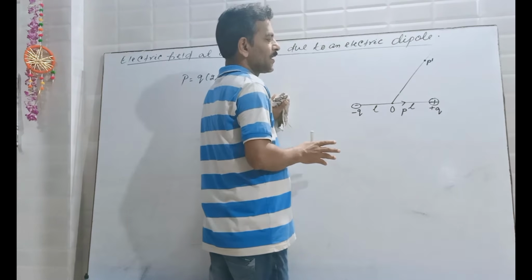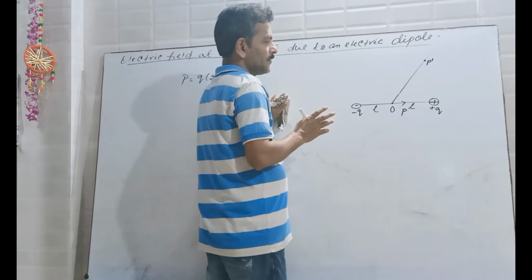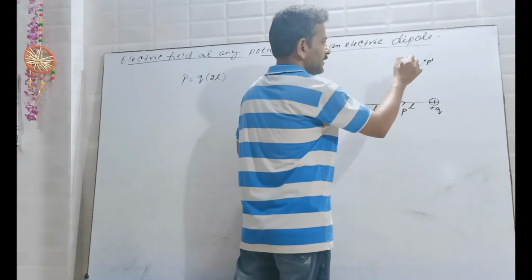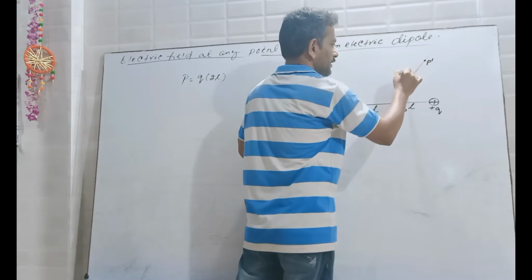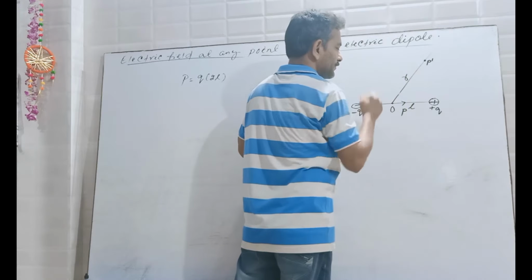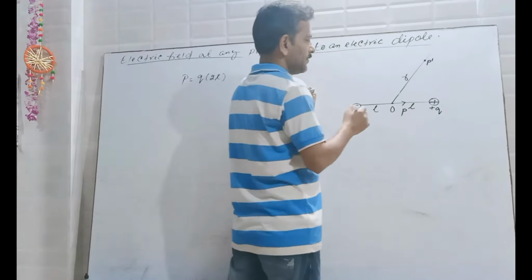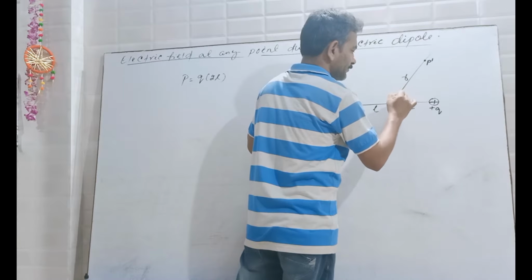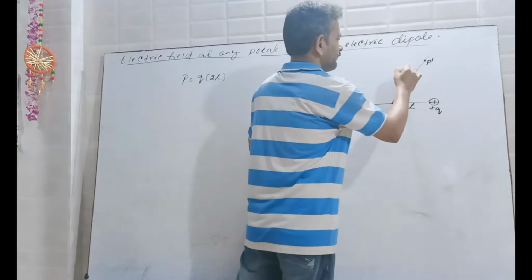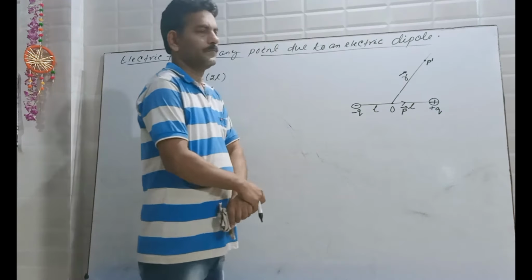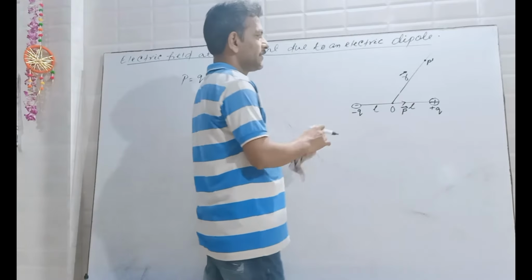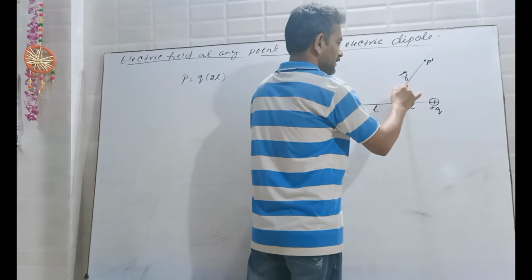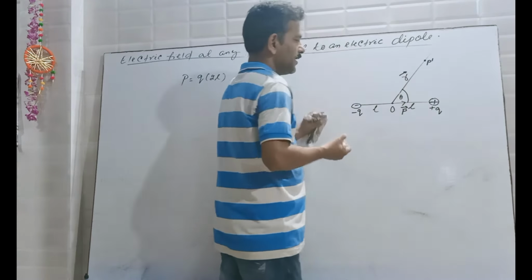Okay, so you see, suppose the position vector of P dash is R. Let R vector make an angle theta with electric dipole moment vector.